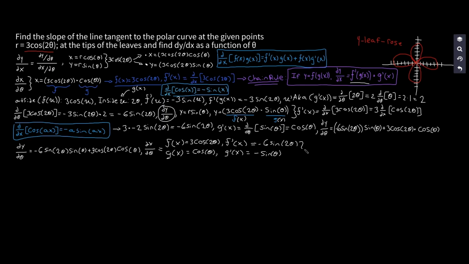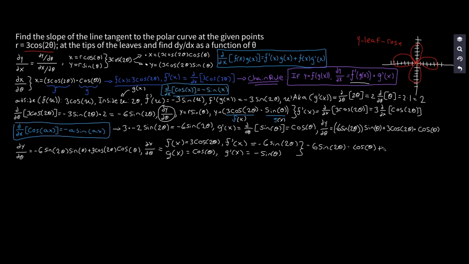So here's what the actual application of the product rule is going to look like for the derivative of x with respect to theta. The derivative of x with respect to theta is going to be -6 times sine of 2 theta times cosine of theta plus a negative, right?